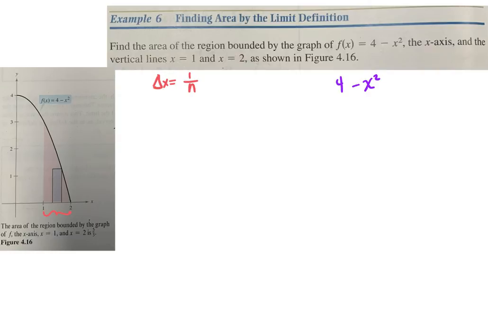So we're going to plug in here 1 plus my delta x times i over n, right? And that's what we're going to plug into the x. So it's going to look like this for my function. And my width is still going to be 1 over n. But now we're going to have a little bit crazier thing going on here.